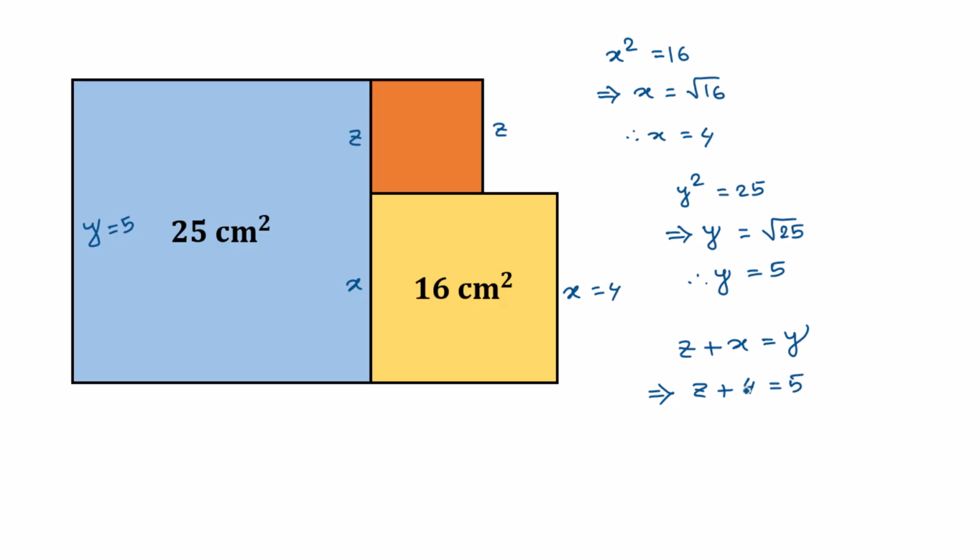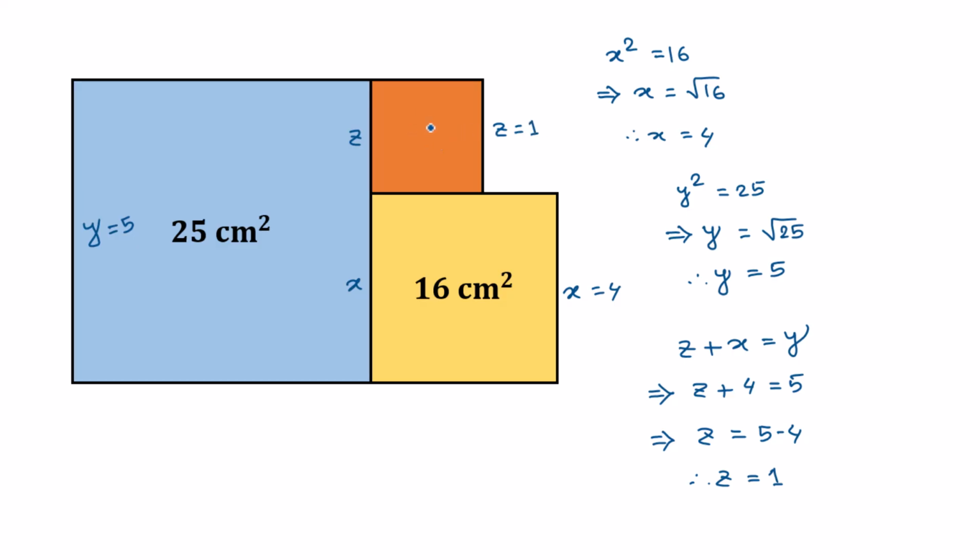Now taking this 4 to the right side, we will get z is equal to 5 minus 4, which is 1. So the value of z is equal to 1.